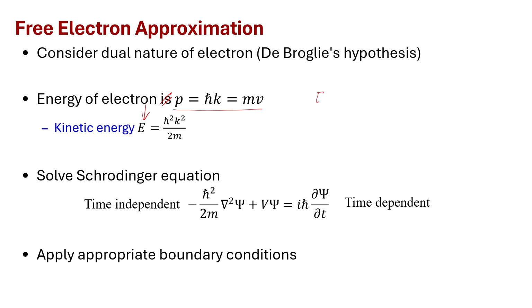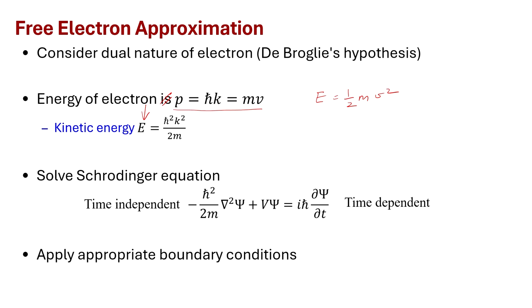We know that E is equal to half mv square, and if we replace the value of v, we will get the kinetic energy of electron as h cross square k square divided by 2m, where k is the wave number or wave vector, and m is the mass of the electron.